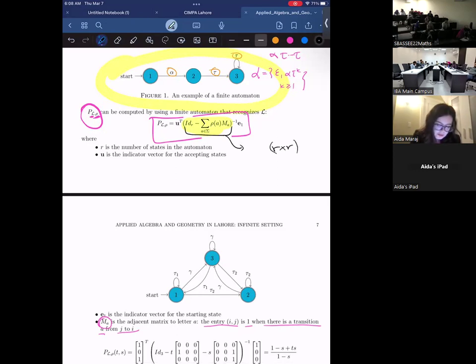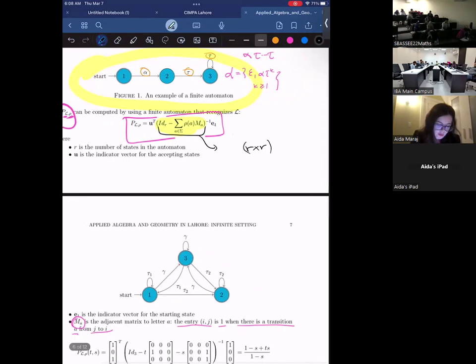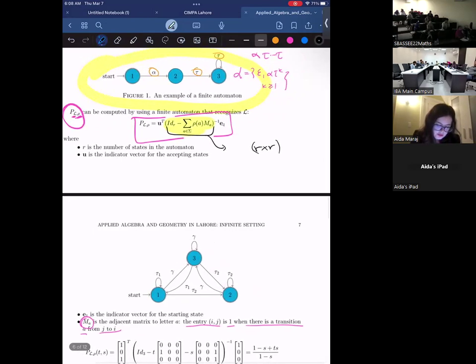Then we multiply to the right by this E1, which is an R by 1 vector, and this ends up being an R by 1. But then we multiply to the left by a 1 by R vector, so it gives us a 1 by 1.